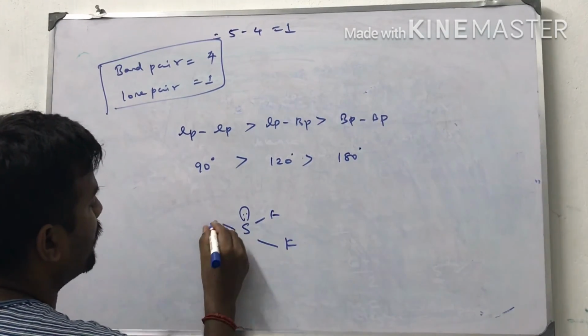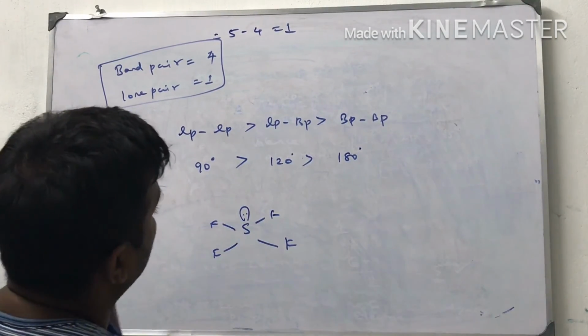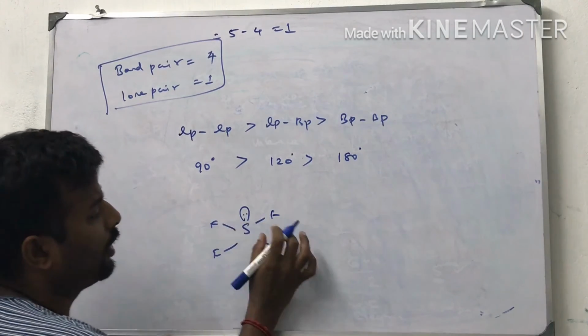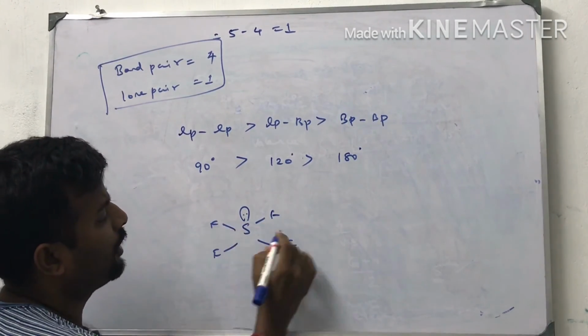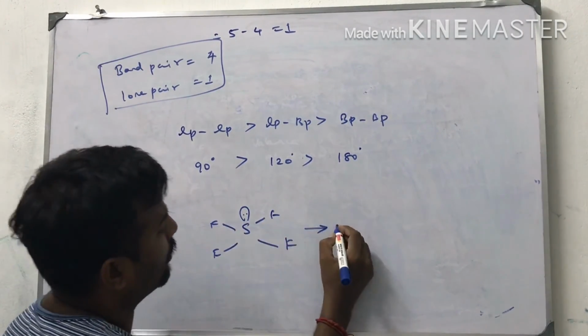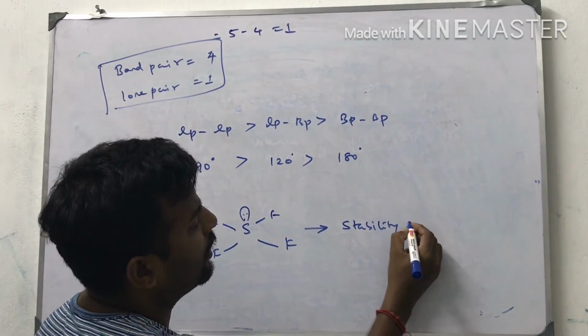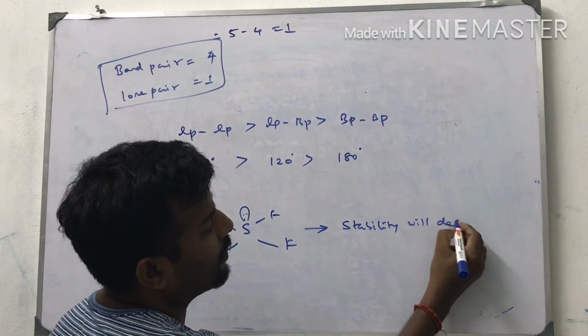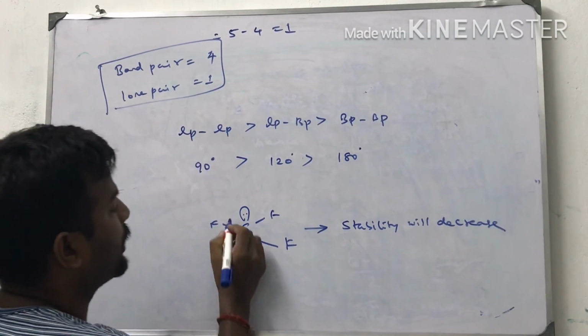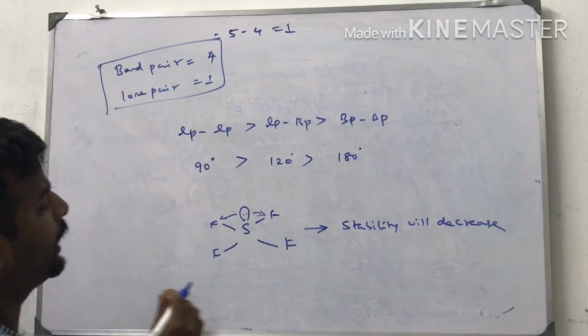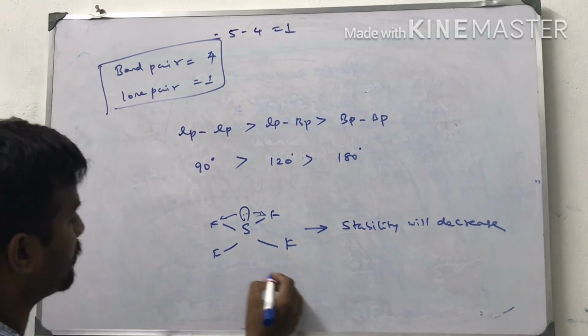If the lone pair electrons are between the two surrounding atoms, the stability of the molecule will decrease, because lone pair repulsion is maximum, so this structure is not possible.